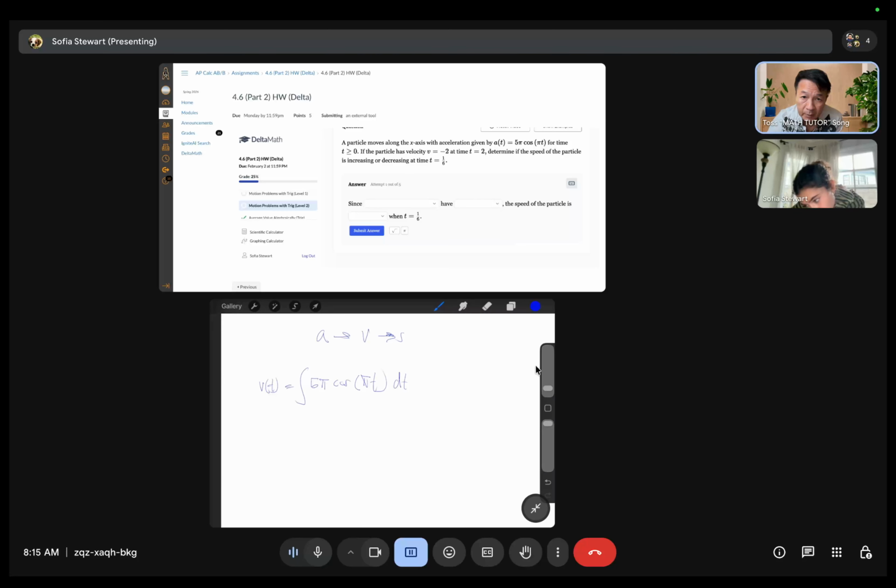And we'll figure out the upper and lower limit. Well, we're going to get the c. We'll see what happens here.